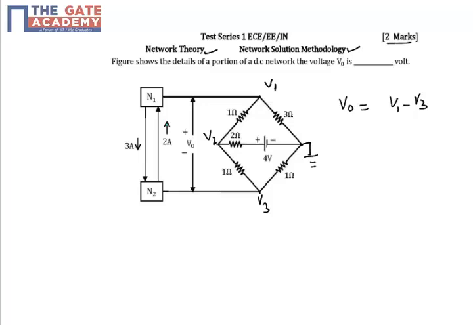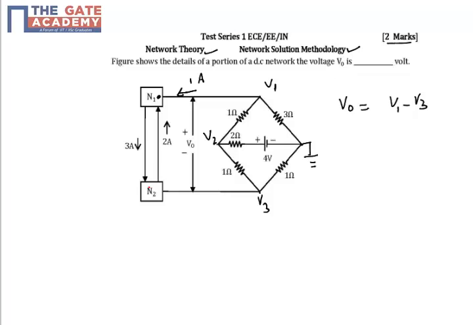The incoming current is 2 ampere and the outgoing current is 3 ampere. KCL should be valid at each and every point of the circuit, and KCL says that the sum of the incoming current is equal to the sum of the outgoing current. Outgoing current is 3 ampere, incoming current is 2 ampere, so at this node we will have one excess incoming current of 1 ampere, such that total incoming current equals total outgoing current, right?